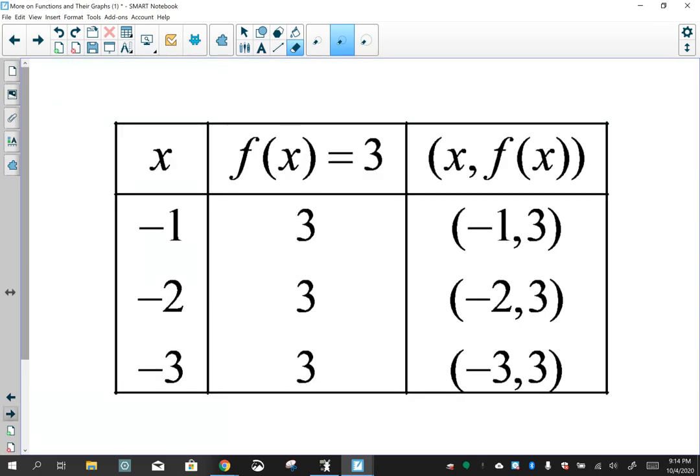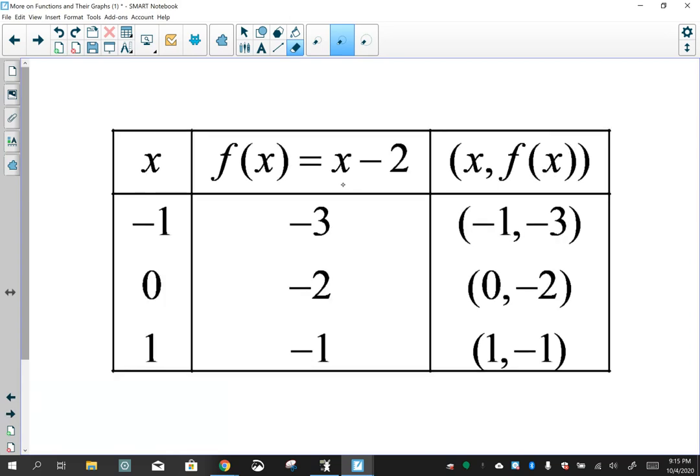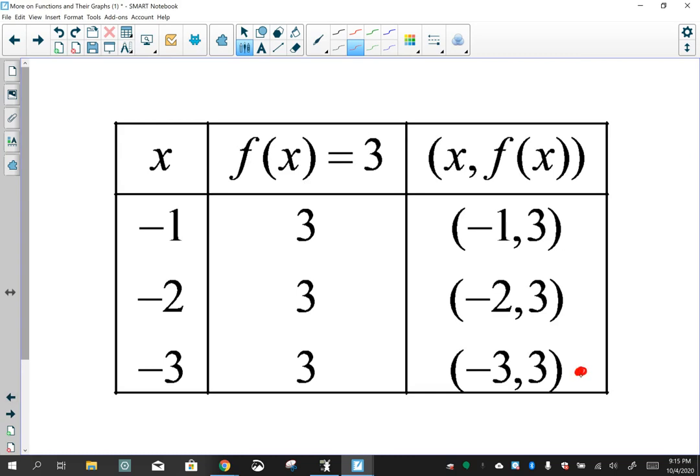So again, here are some ordered pairs just so you can see. So f of x is equal to 3. So you see this one, you see that one, you see that one. So you wind up with this set of ordered pairs. Then you're going to plot those points. And then x minus 2, again, you're going to use -1 and greater. And so you're going to plot those points, remembering that this point here is an open dot and that this point here is your closed dot.